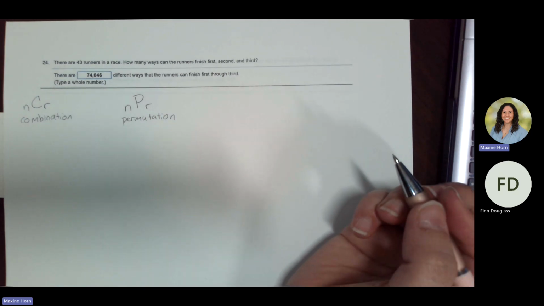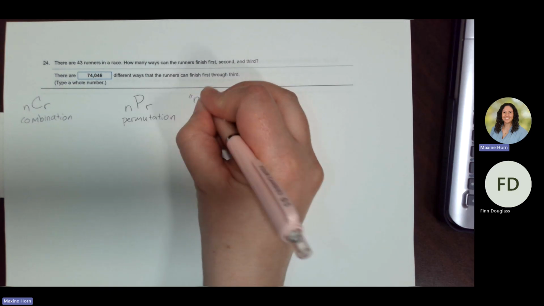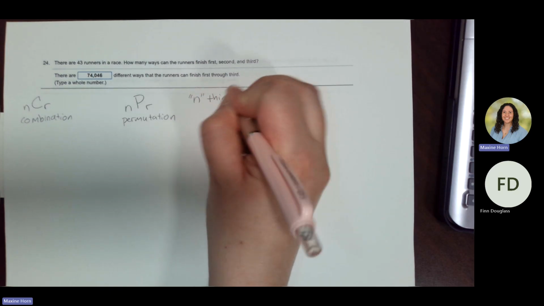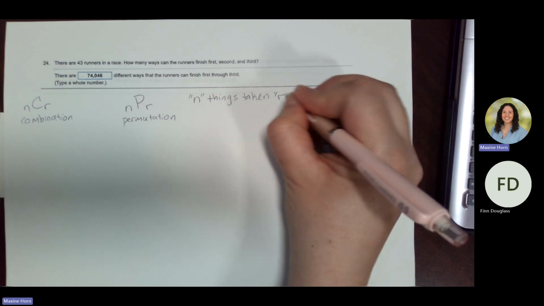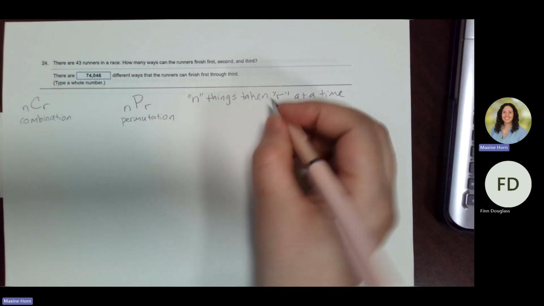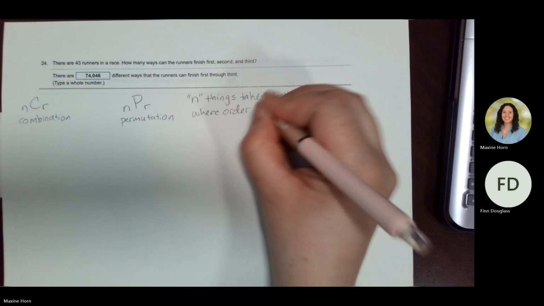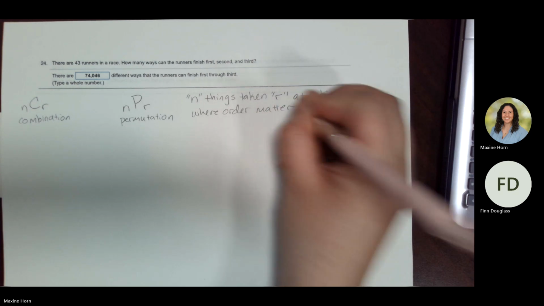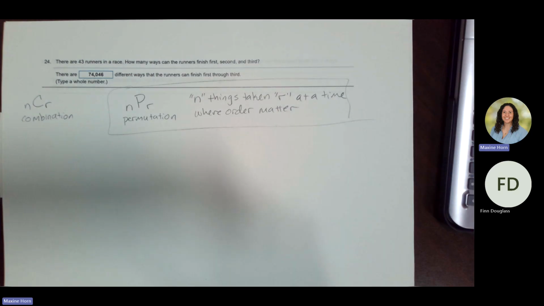And for permutation, often the way that they read this is n things taken r at a time. And since it's a permutation, it's where order matters.